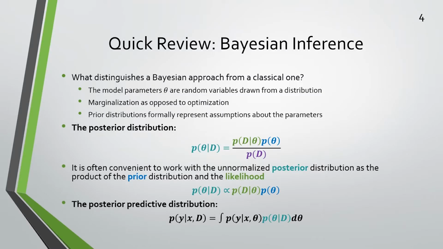So here, once again, is an equation that we've seen in both Anna's introductory presentation and Geir's presentation just preceding mine. At the bottom of the slide here, the posterior predictive distribution is one of the products of Bayesian inference, and is of particular interest to us in Bayesian machine learning settings, where we often are more interested in the predictive capabilities of our model than inference about our model parameters themselves.